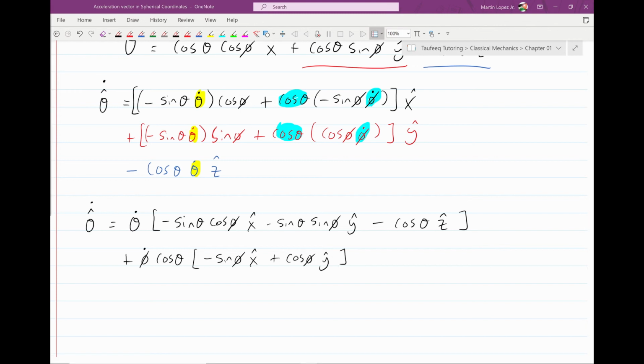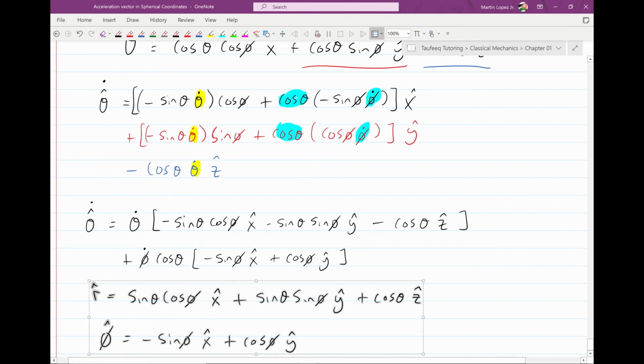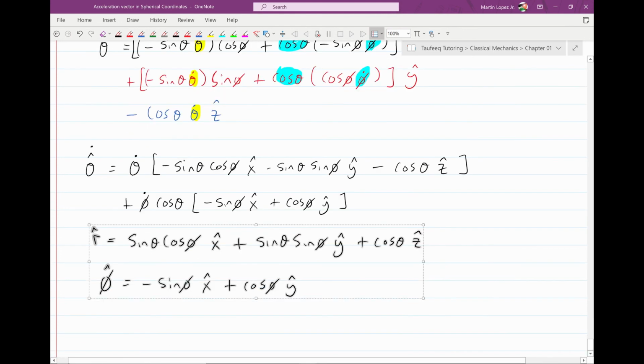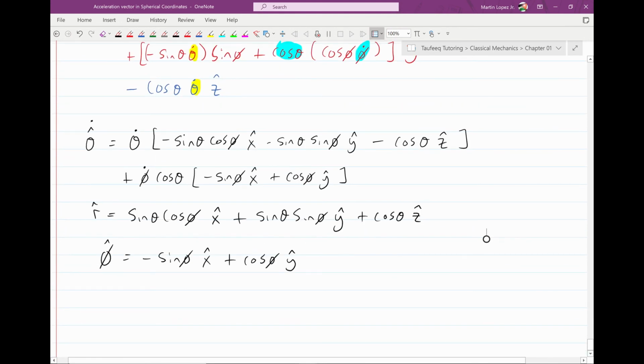And beautifully, I'll just put them here. So this term here is the negative of this term, and this term is identical to this.